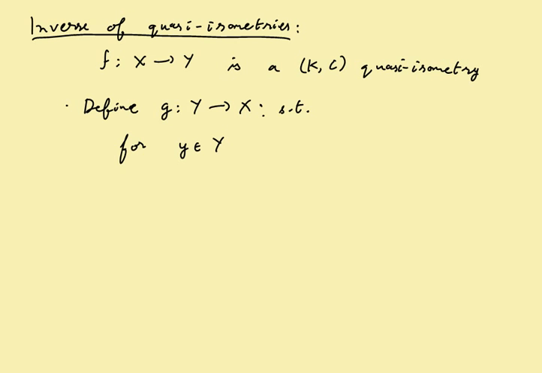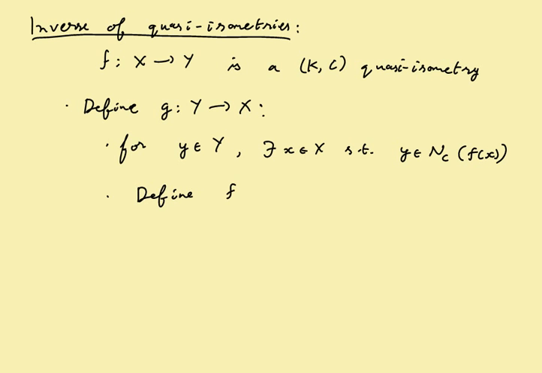Okay, so let's see how we'll define it. We'll define it this way. For y in Y, there exists x in X such that y belongs to the C-neighborhood of f of x. Well, then you define g of y equals x for some such x.